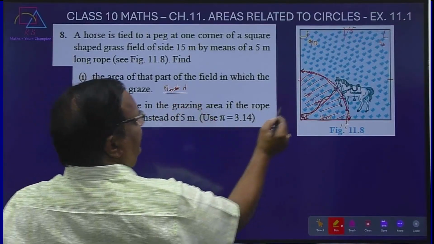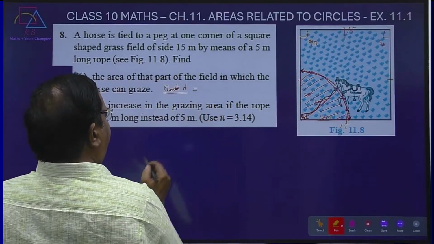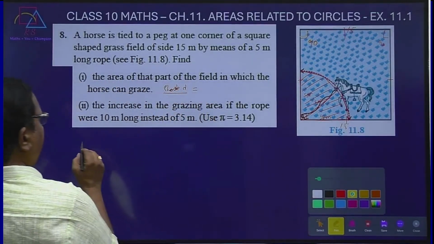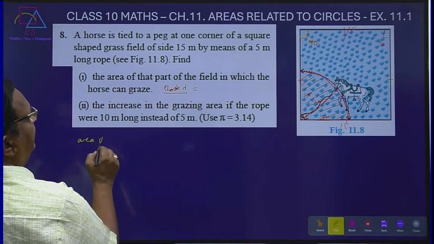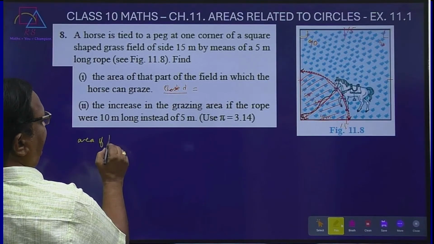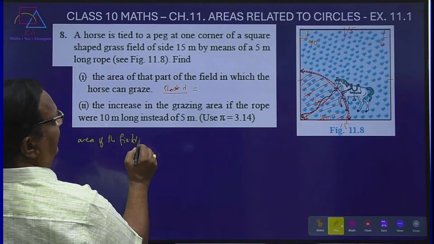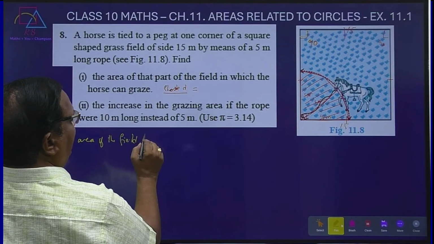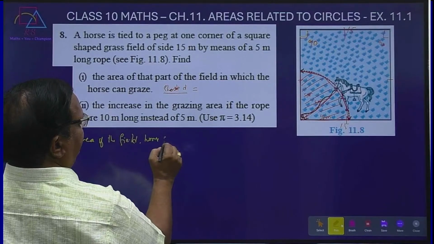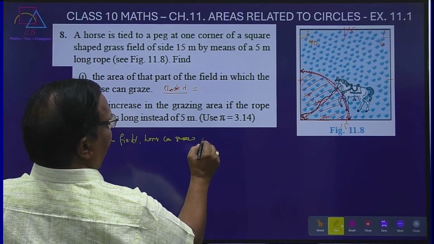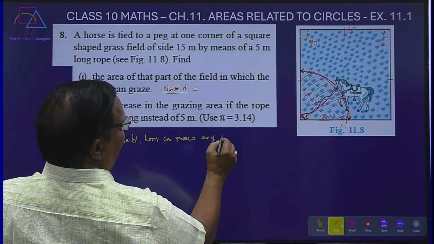So this is nothing but the area of a quadrant. Let us find the area of the field that the horse can graze, which is equal to the area of a quadrant.